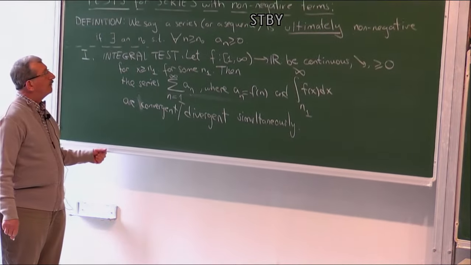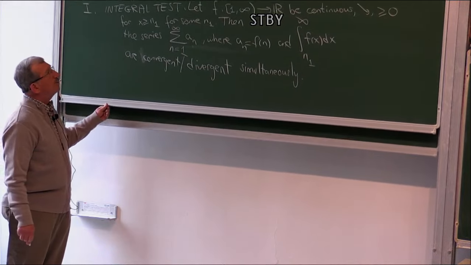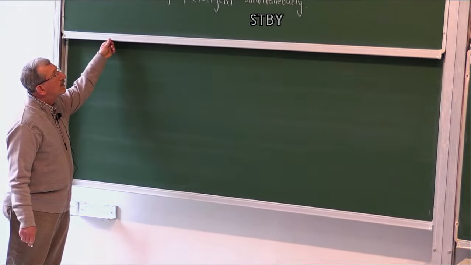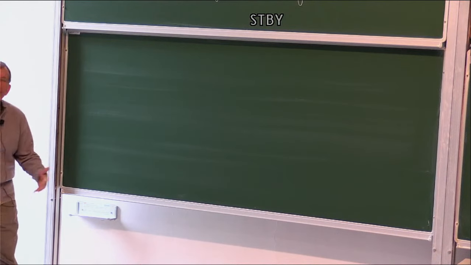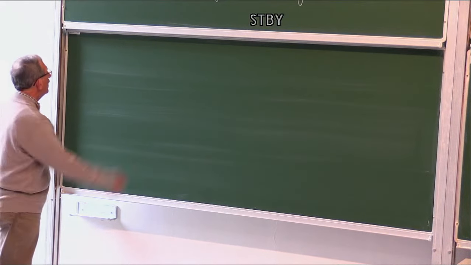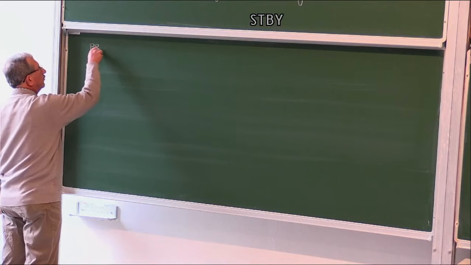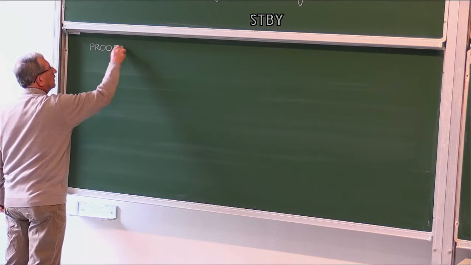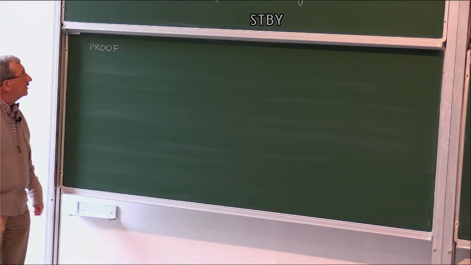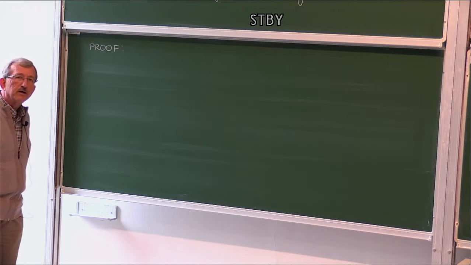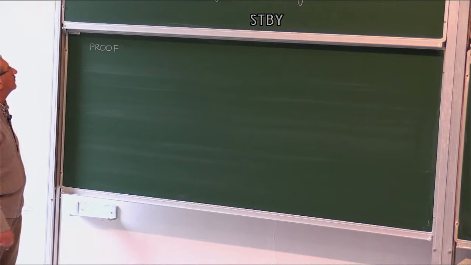The proof of this theorem, actually it's a theorem, shows us an insight into what we really mean. So let us go over the proof, and we will see that we will be using some ideas from the previous theorems.